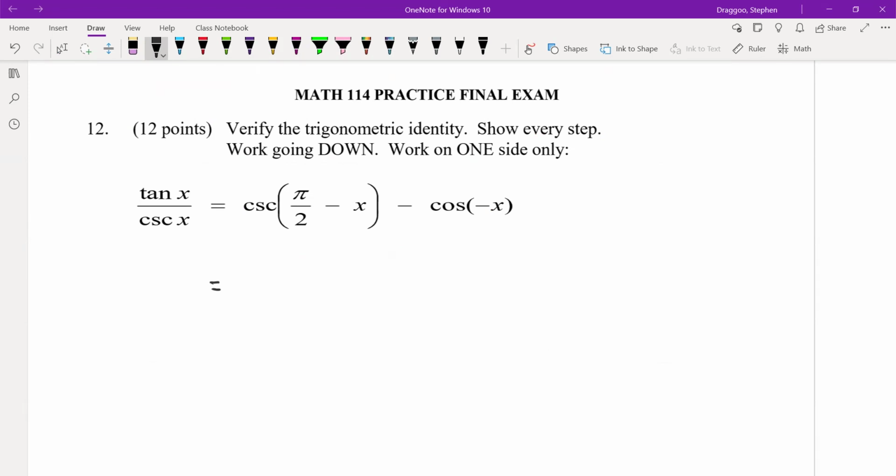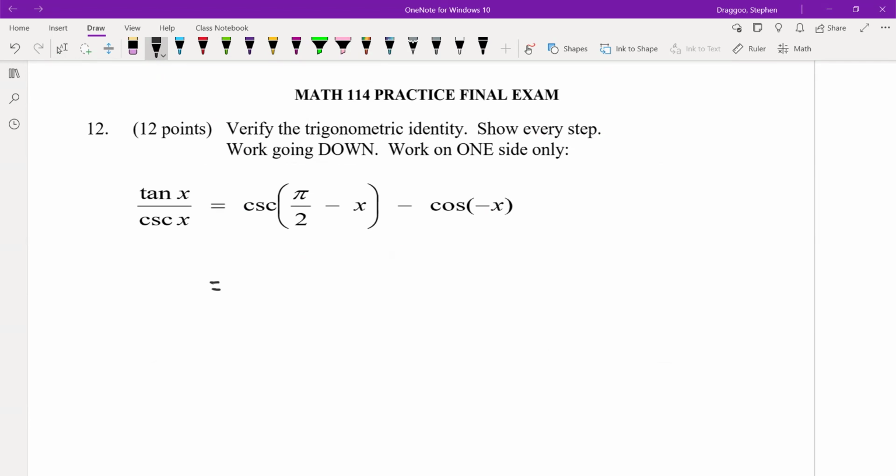First up, in fact, the first step on any one of these trig identities is to ensure that all of my angles are the same. I don't want to work with multiple different angles because that's a headache. So I want to use some identities that will first let me get rid of the pi/2 minus x and the negative x. Let's get everything back in terms of x all by itself.